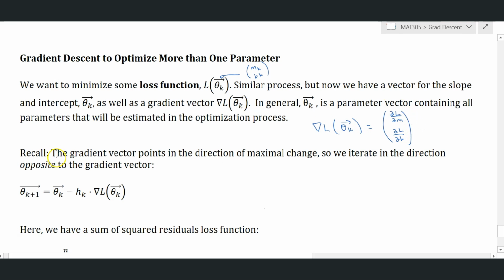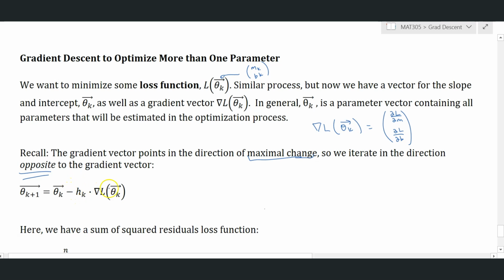And one thing that we need to recall here is that the gradient vector points in the direction of maximal change. So if we want to minimize something, we have to move in exactly the opposite direction. And so what we're going to do to our vector of parameters is subtract, because if you notice, this is the exact same formula, except now it's in vector form.